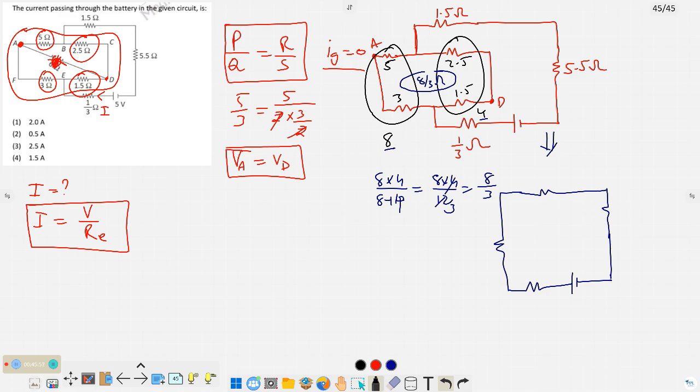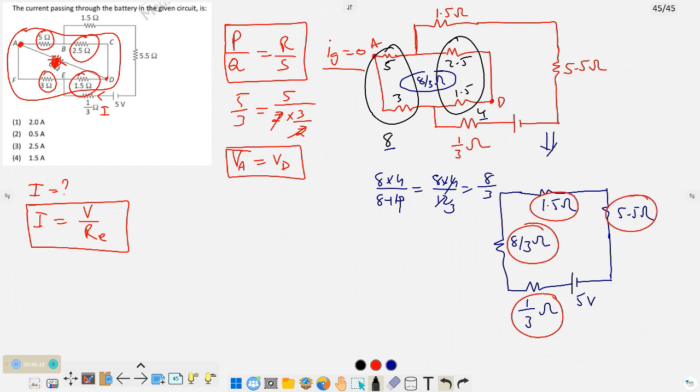Of these, this is 8 by 3, this one is 1.5 ohms, this one is 5.5 ohms, and this one is 1 by 3 ohms, connected to 5 volts. How are they connected? If you observe this one, all are in series, and that series resistance is connected to the battery here. All are connected continuously, so they are connected in series.